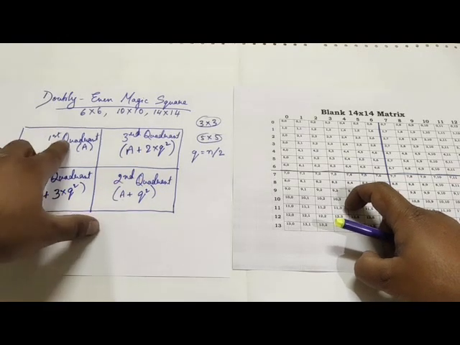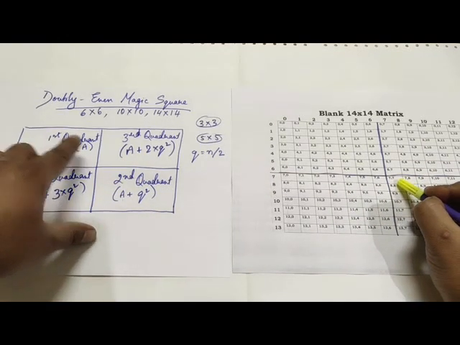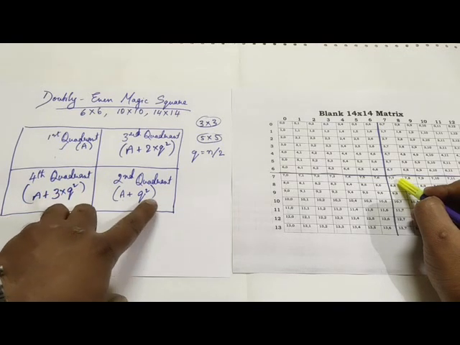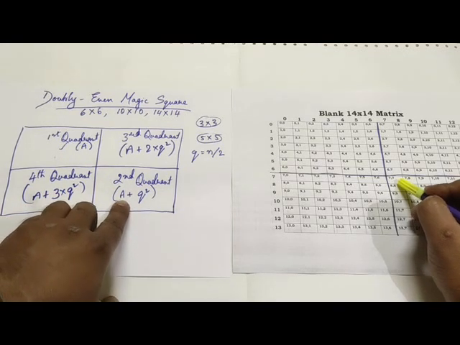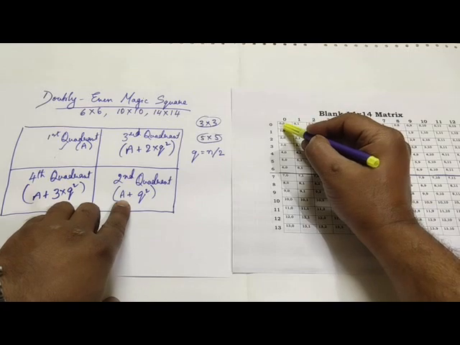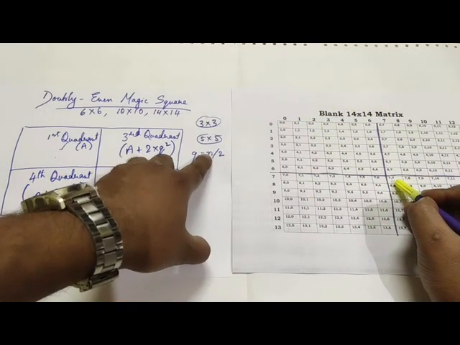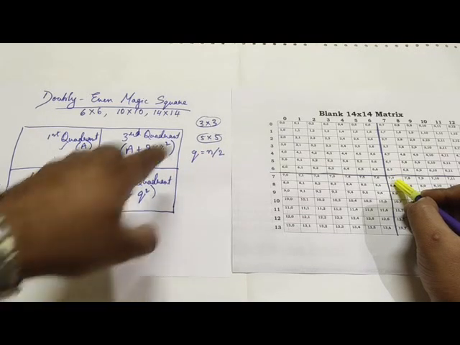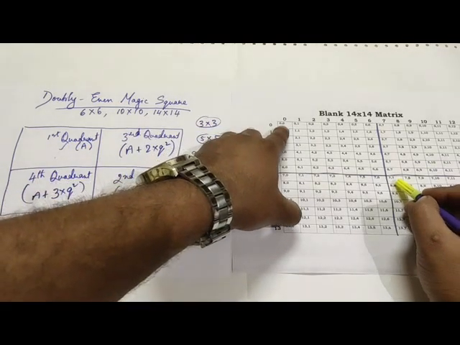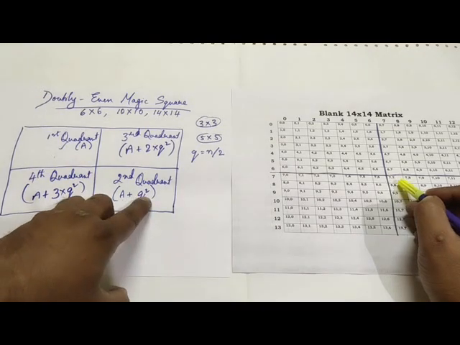What did I write over here? A plus q squared. So whatever number you have over here, add q squared to it. Remember what is q? Q is n by 2, where n is the size of the matrix. So for the corresponding element, add q squared to it.